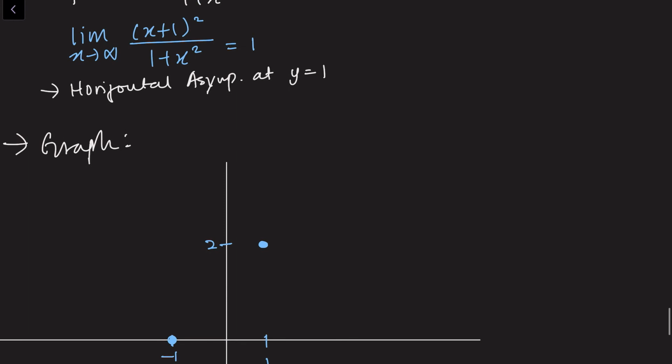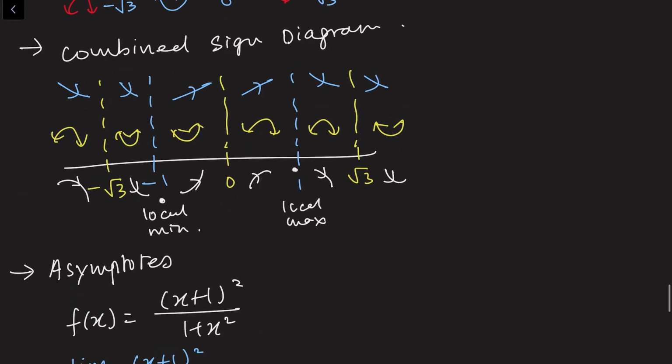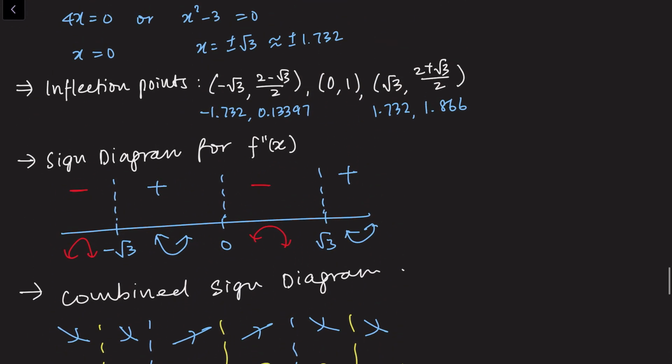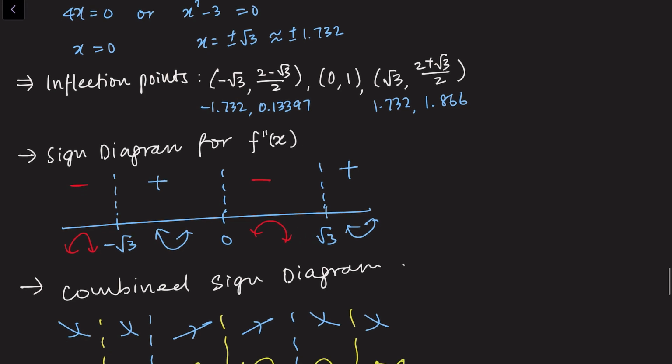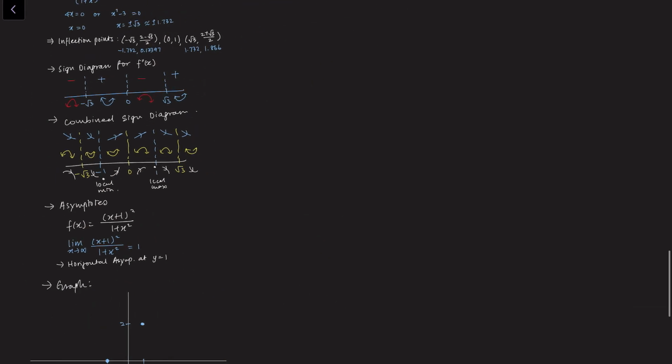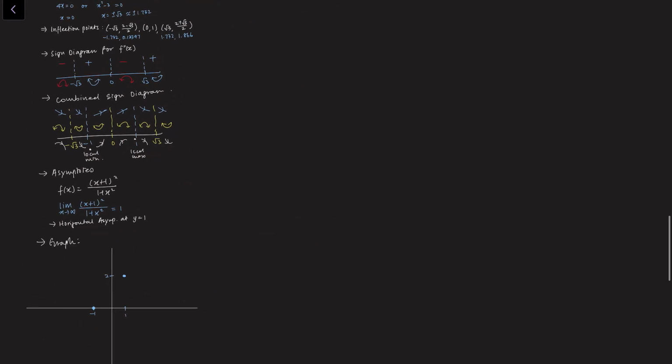1, 2, maybe somewhere here. And we said that this is a local maximum. Then next we label our inflection points: 0, 1. This one I think I need to refer because it is very small as well. I use yellow for our inflection points. 0, 1 means it is here.